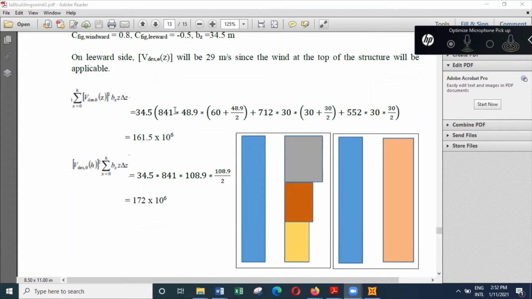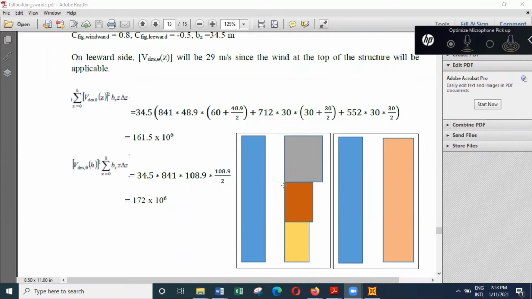The width is constant, so I can take it out, 34.5, and then the velocity corresponding to this is constant. The velocity squared is 841 over this height, and then this height is 48.9, and then the distance of centroid is 60 plus 48.9 divided by 2.